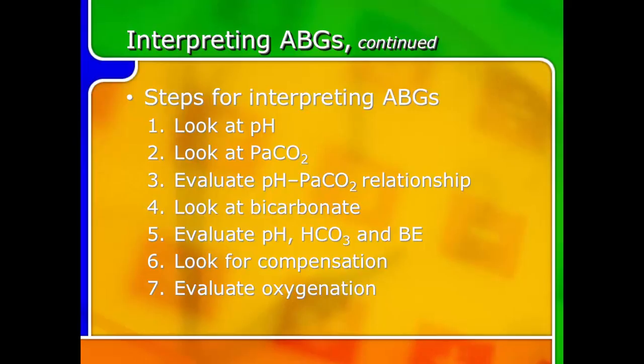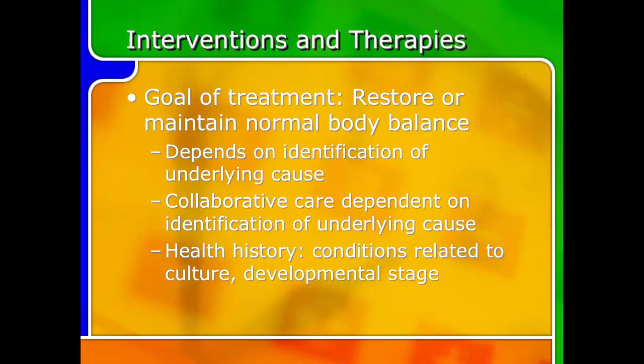See if the body's trying to compensate. You're looking at the pH to see if it has gone back to normal, which would give you a fully compensated ABG. You're going to also look at evaluating the oxygenation of your patient, and that's looking at your PaO2 level.